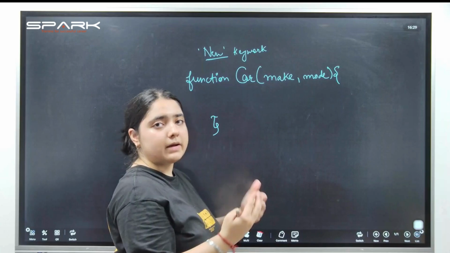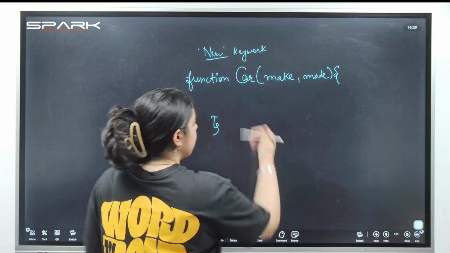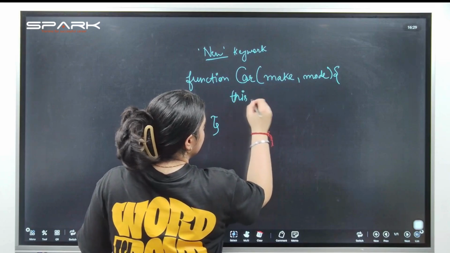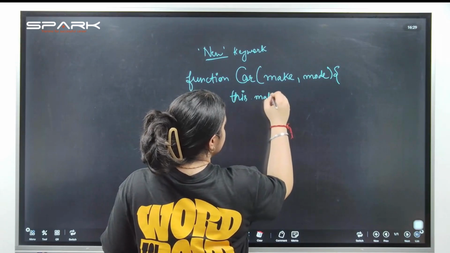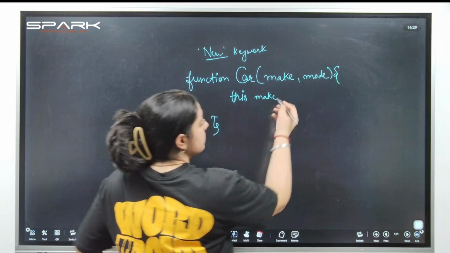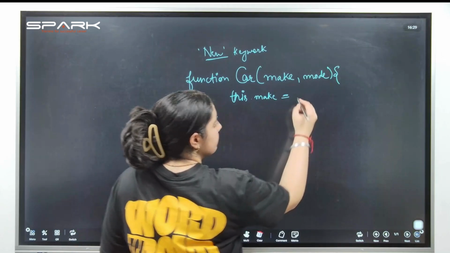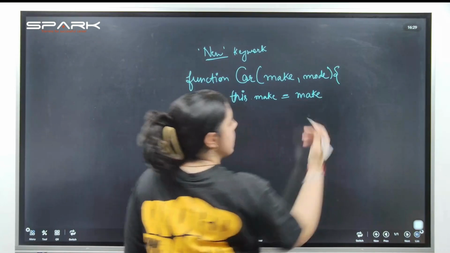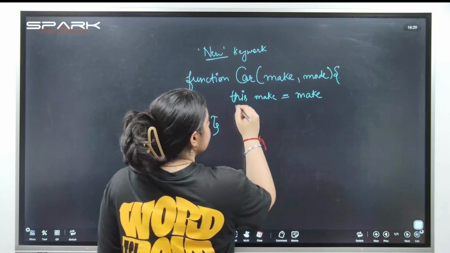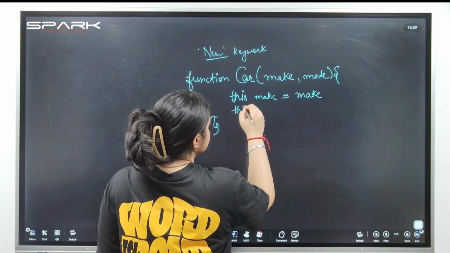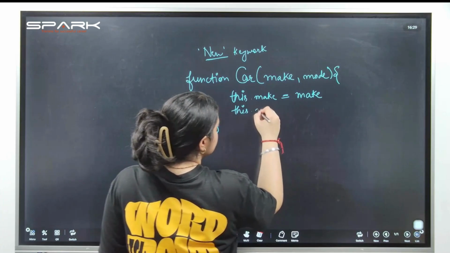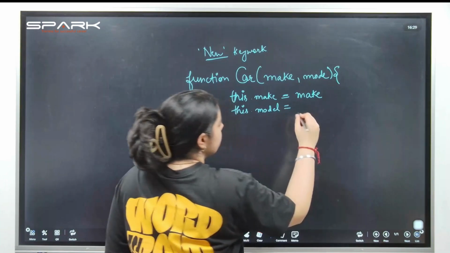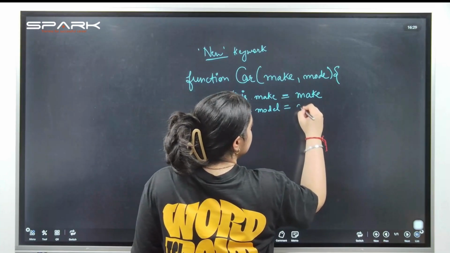I'll assign these parameters to its properties, and for that I'll use this.make. This is the parameter and I am defining its property, giving that name as make. For the next one, this.model, I am giving the property the name model.